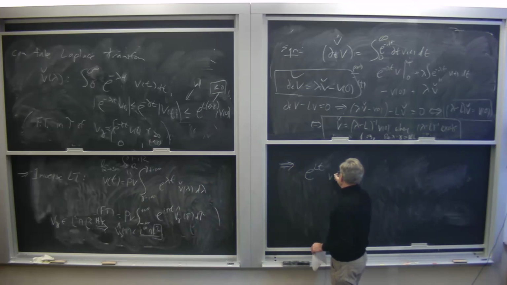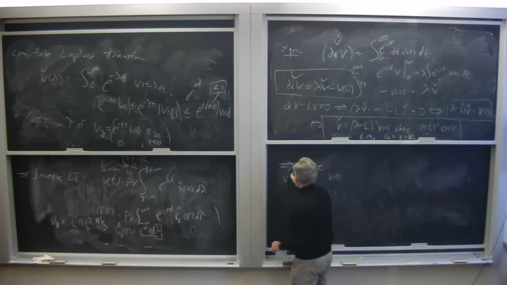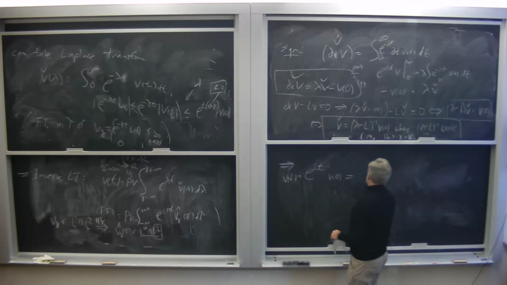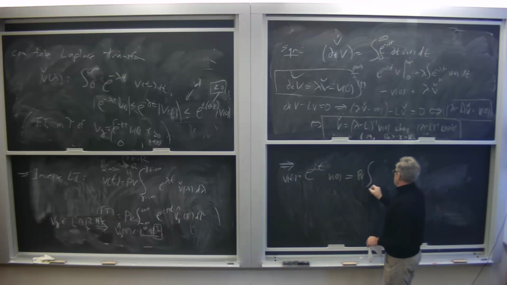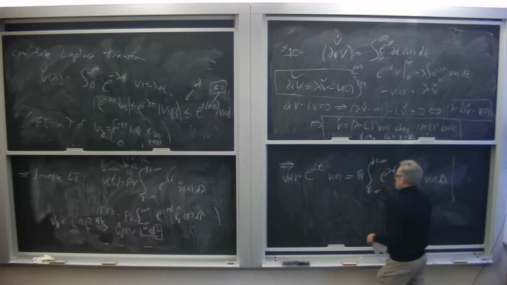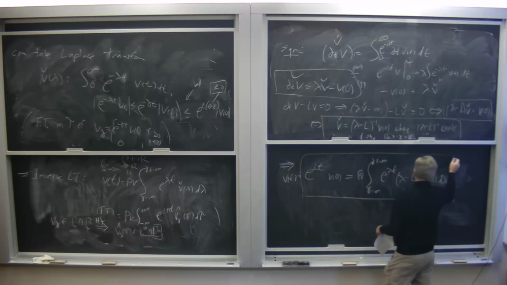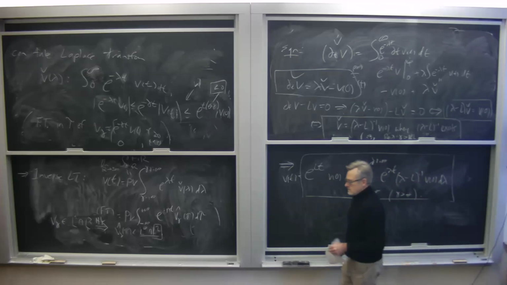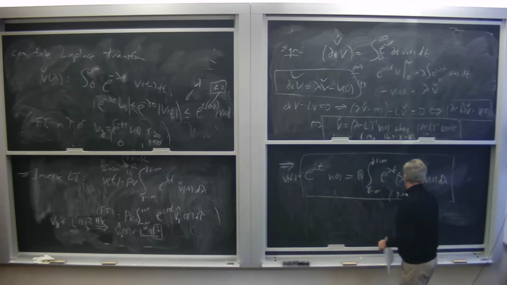So e to the L t v of 0, that's v of t, equals principal value of the integral from gamma minus i infinity to gamma plus i infinity of e to the lambda t, lambda minus L inverse v of 0, d lambda. So this is for gamma greater than theta, greater than the norm of L.